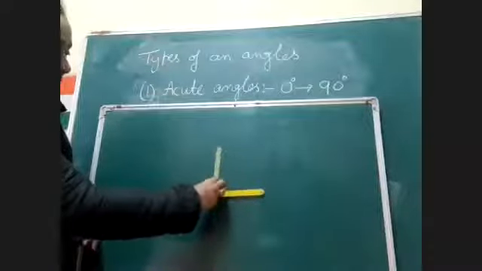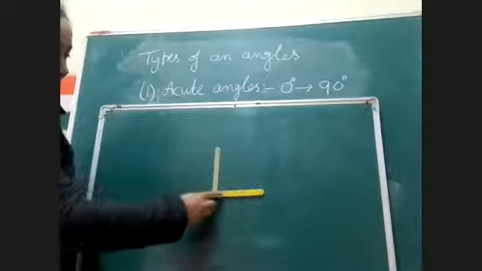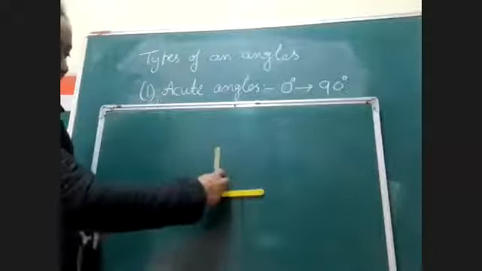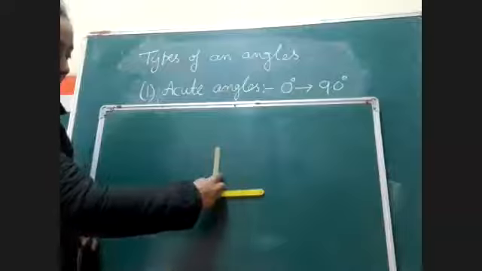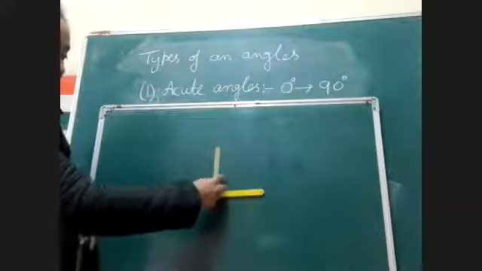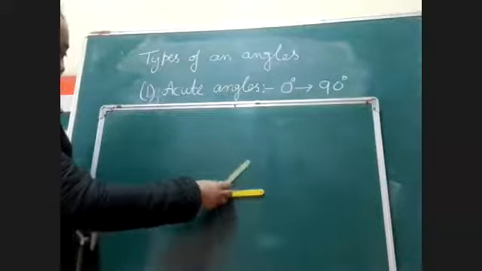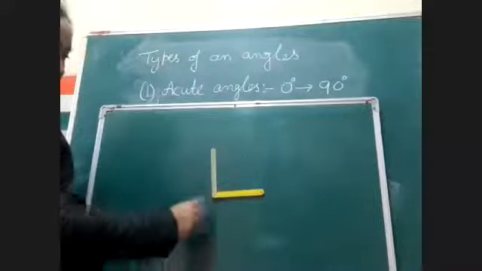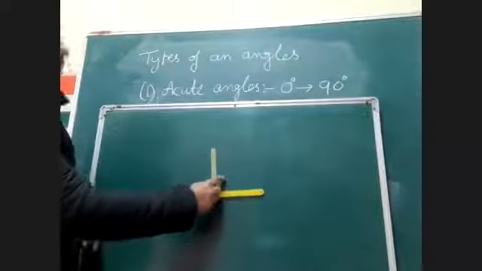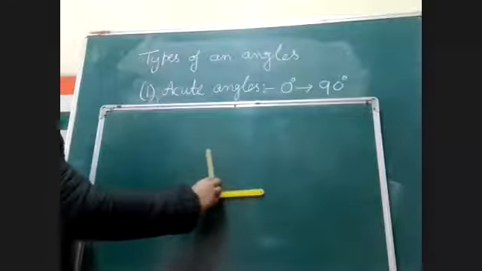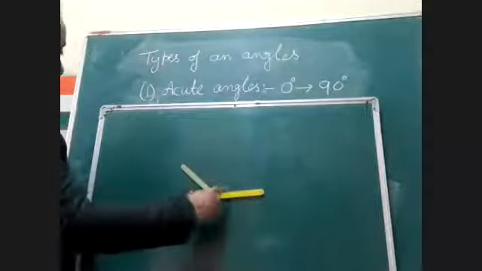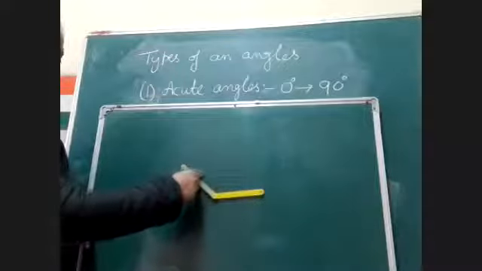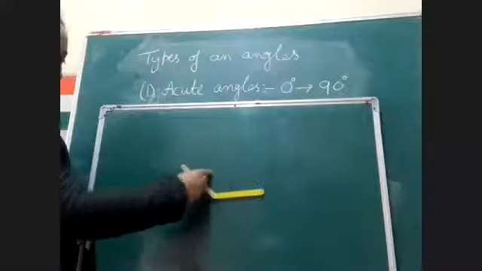Now, these are two straight lines. Second type, this is the right angle. First is acute, then right. This is the right angle. Next, increase the length. Now this is an obtuse angle. This angle is more than 90 degrees.